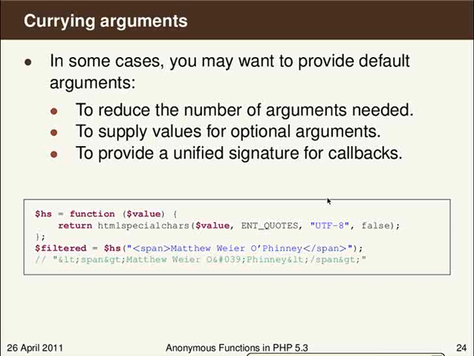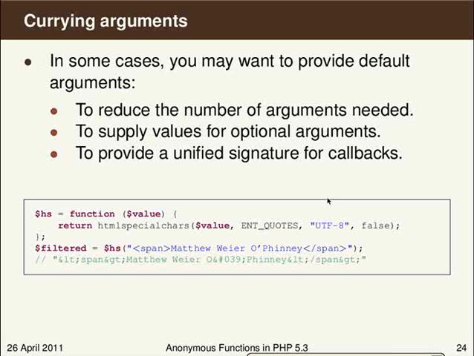And it accepts a single value. And now what it's going to do is return the result of htmlspecialchars using that value, but hardcoding ENT_QUOTES for the quote encoding, UTF-8 for the character set encoding, and then the last value is false to prevent double encoding.